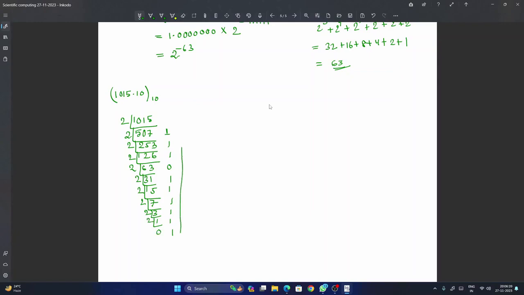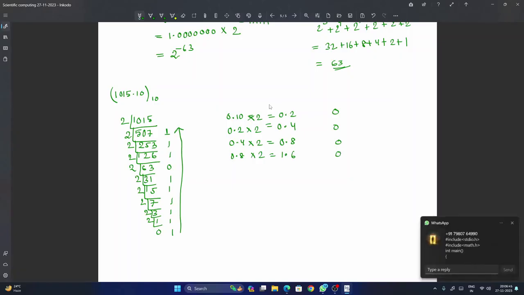So that is the number, and then 0.1. 0.1 into 2 is 0.2. 0.2 into 2 is 0.4. 0.4 into 2 is 0.8. 0.8 into 2 is equal to 1.6, and the integer part is 1.